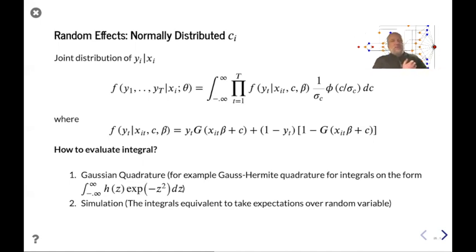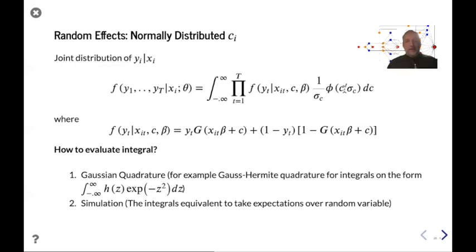So this is how you calculate an expectation. You integrate that out, and now we have the joint distribution in terms of observables only, because we integrated out CI.